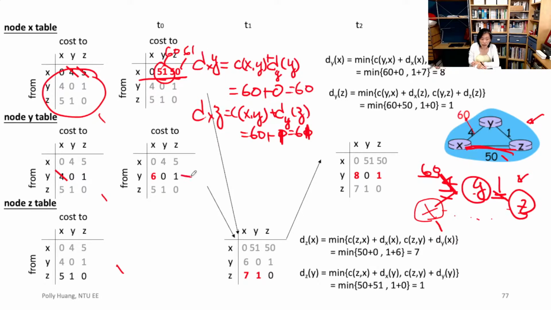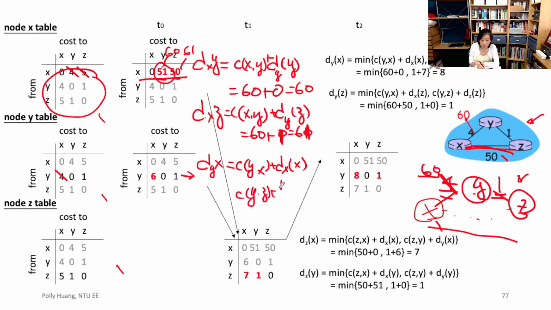Now, what about these? If we have this topology, well, calculate dyx. So this is coming from y and going to x as the destination. Now y has two neighbors, so x, and we need to compare to another entry, isn't it?